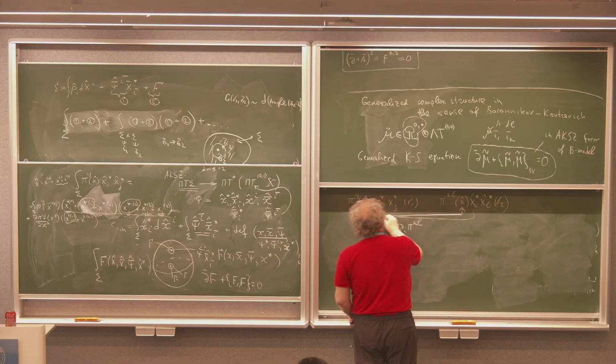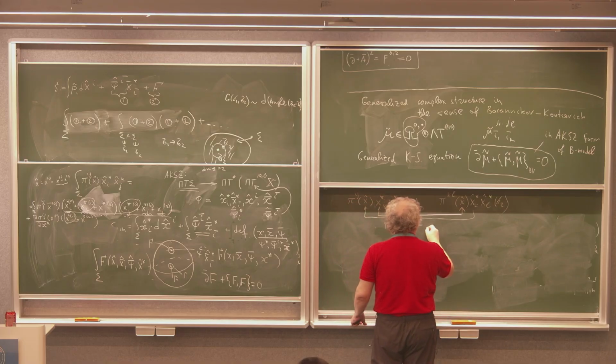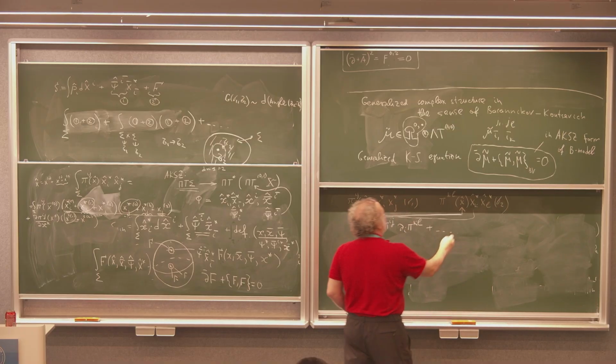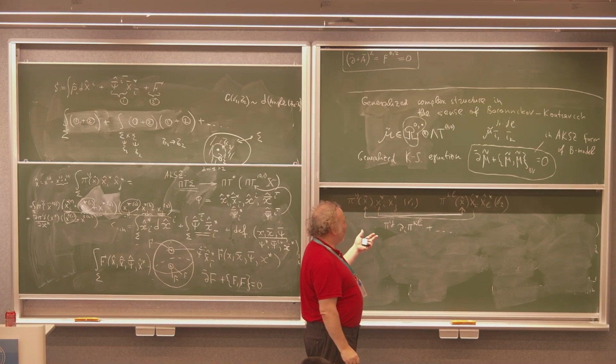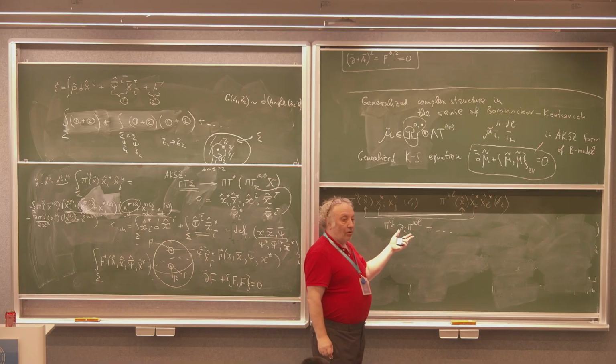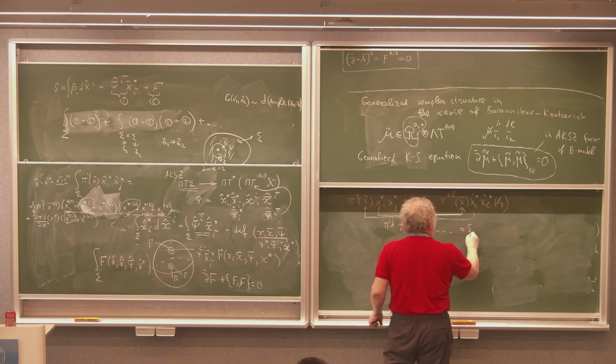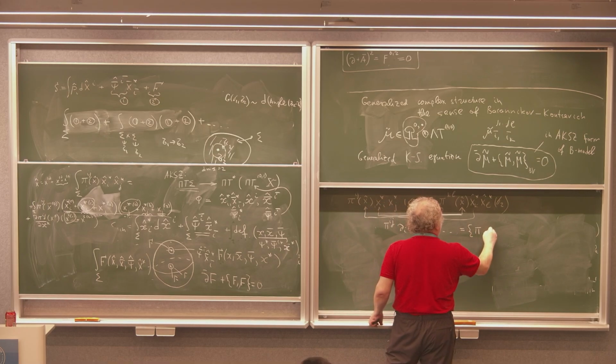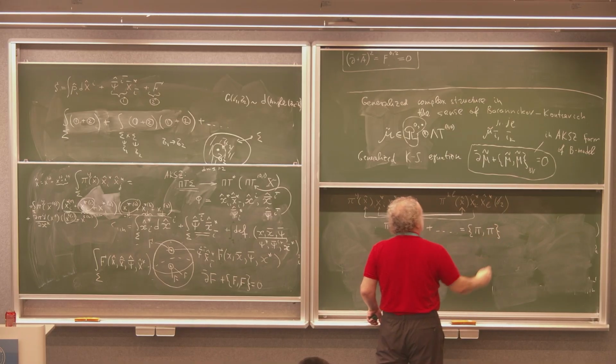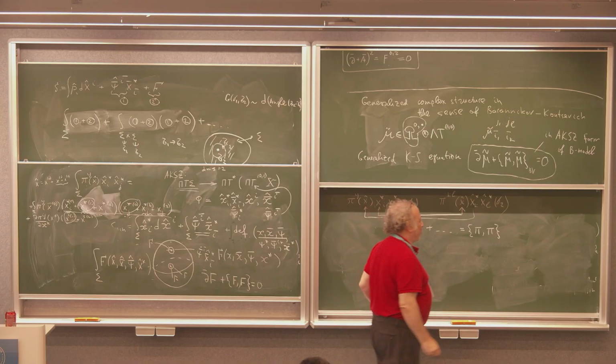And what could be this correlation? I don't want to write all terms, but you may easily check that it is pi pi. And here we have Poisson bracket.